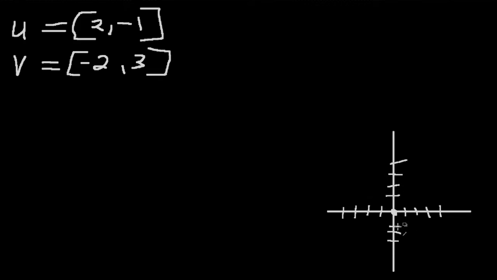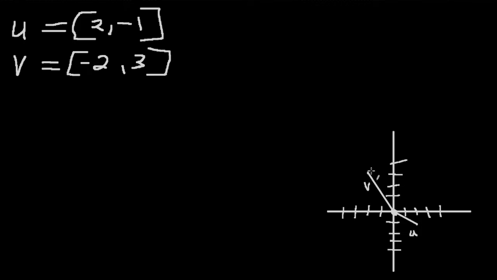It doesn't need to be perfect. So u is going to be over 2 on the x-axis and down 1 on the y. So it's going to go to there. That'll be u. And v is going to be -2 and then up 3. 1, 2, 3. So it's going to be there. It'll look something like that. And there's v.